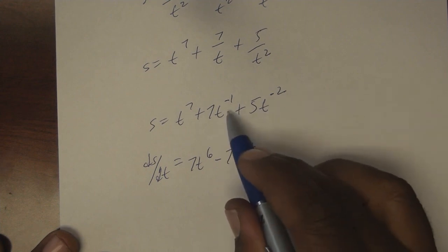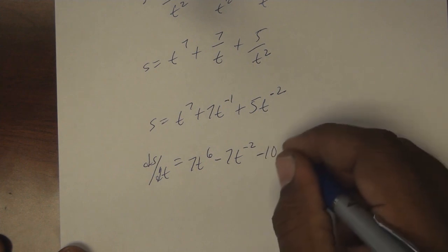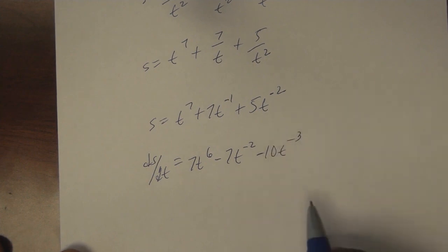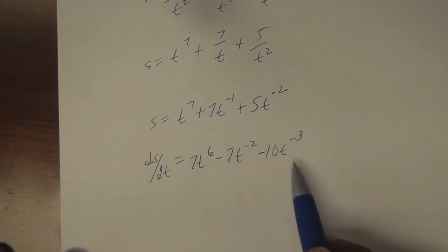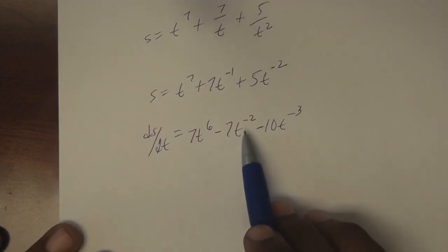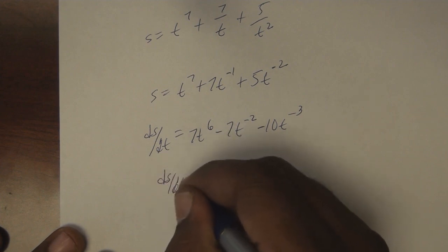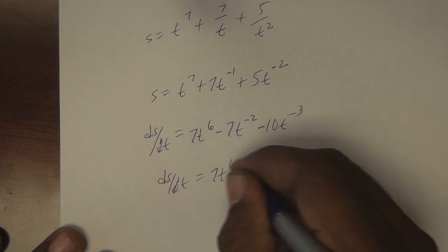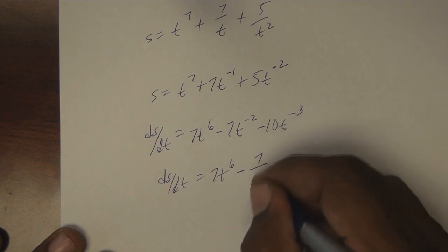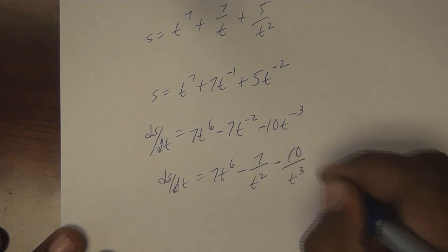We'll subtract 1 from our exponent. And we'll treat negative 2 as a multiplier and subtract 1 from our exponent. Next, we'll reuse the negative exponent rule and we'll write our final derivative as 7t to the 6th minus 7 divided by t squared minus 10 divided by t to the third.